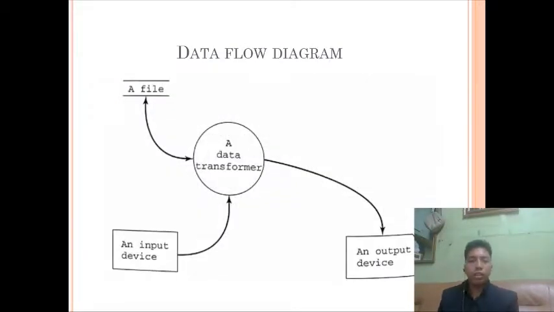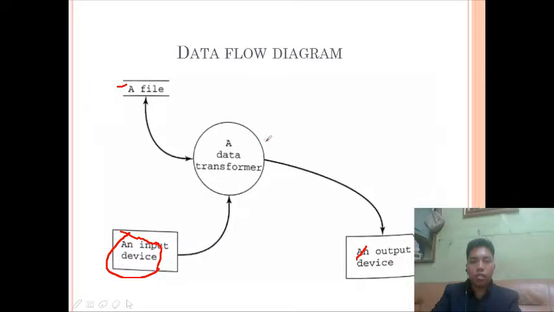Here is an example of a data flow diagram. As you can see, there are three objects here: the input device, the output device, and a file. An input device goes through a data transformer.